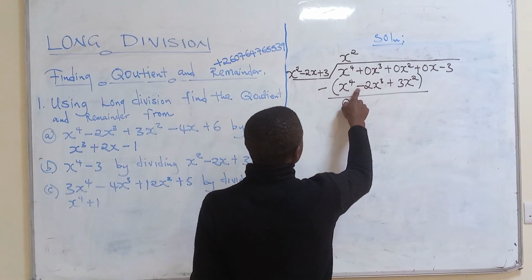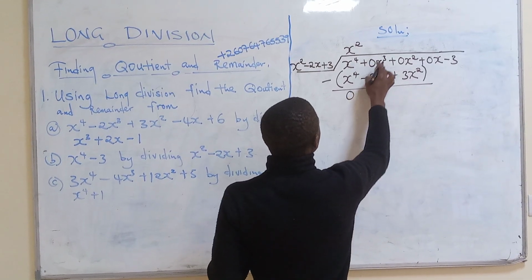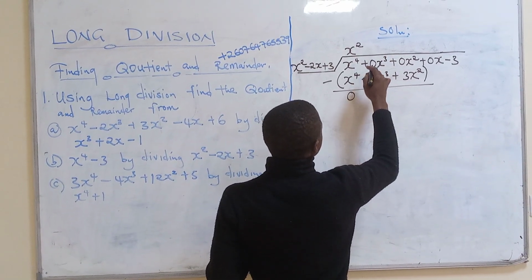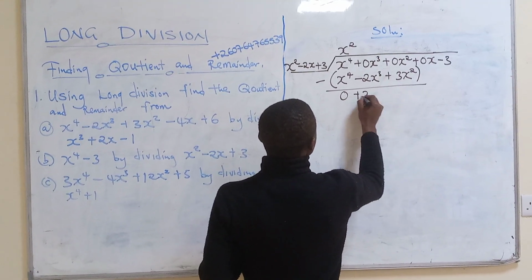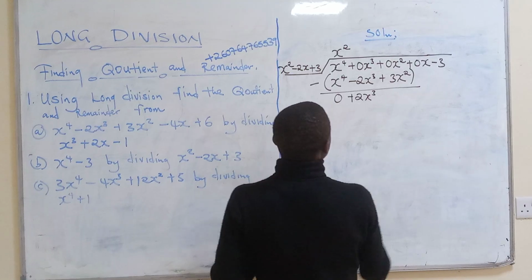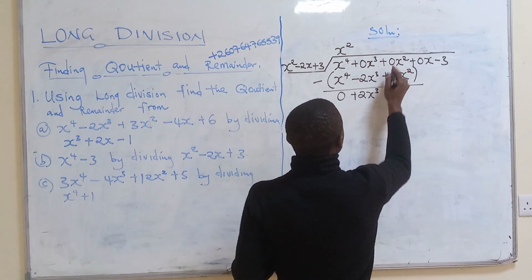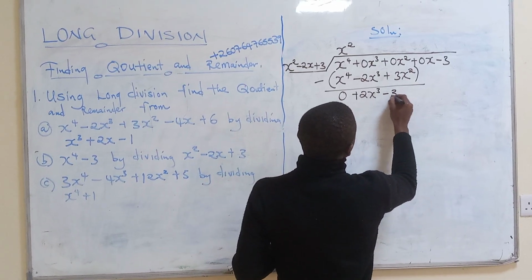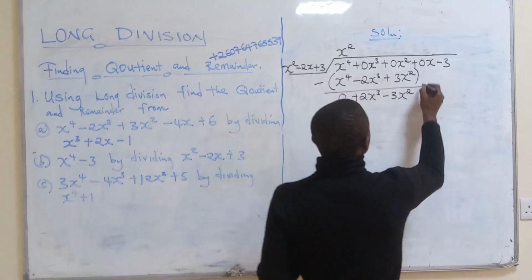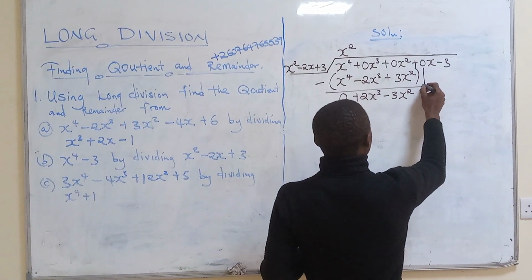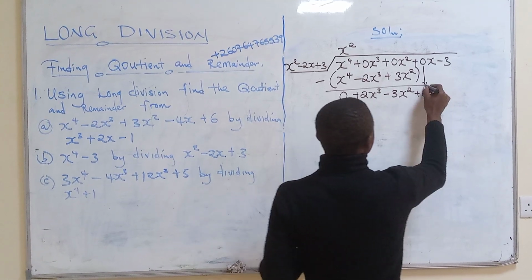Negative times negative is positive, so 0x to power 3 plus 2x to power 3, you are going to get positive 2x to power 3. Negative times positive is negative, so when you add, you are going to get negative 3x squared. From there, you are going to drop this value, which is positive 0x.